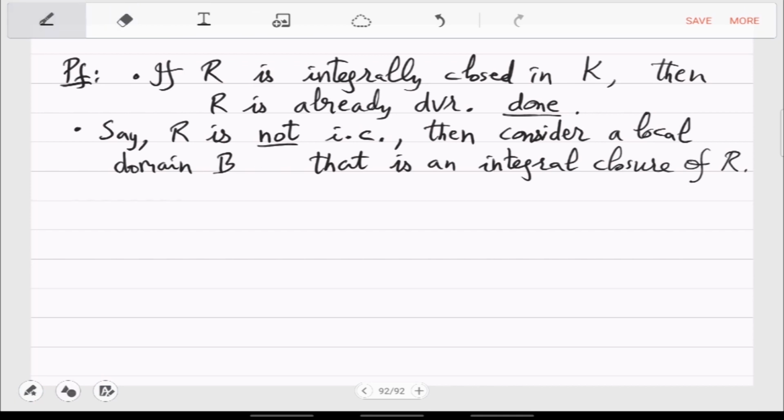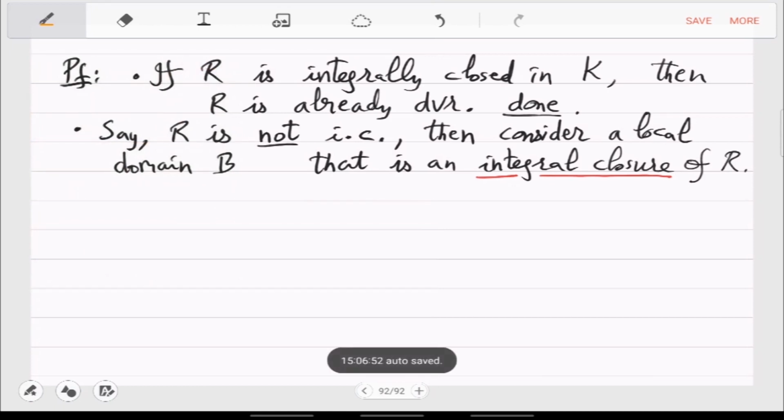Just keep adding these points which are missing in R. So ultimately you will get very close to big K and you will have an integral closure of the ring. Yeah, there may be infinity issues. Why will this thing converge, and why will you stop at some integral closure?